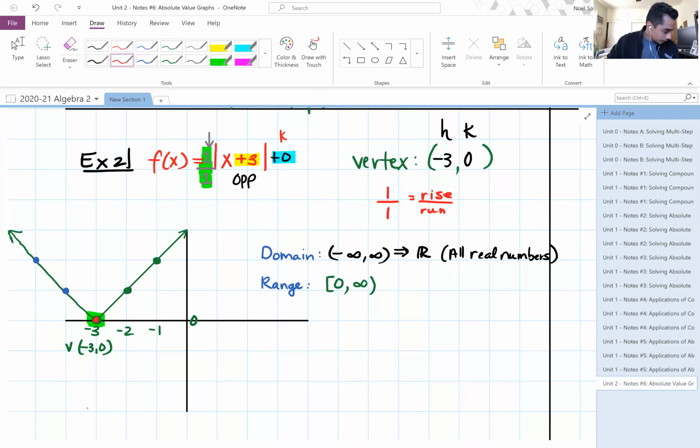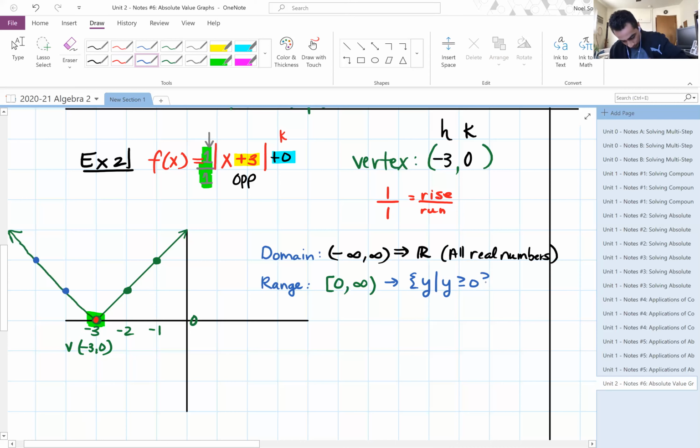Okay. So then once again, this would probably show up on IXL as curvy brackets, which mean the set. So the set of y values such that y is greater than or equal to 0, right? Because it goes from 0 to infinity, so it's 0 and everything above that, right? So you're likely to see it that way.